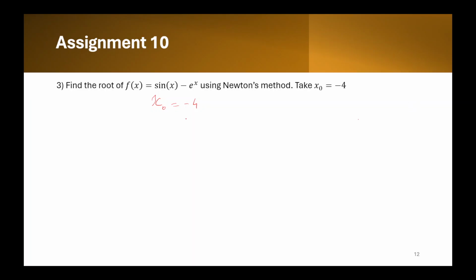So x naught is minus 4. We know what our x1 will be: x naught minus f(x naught) upon f dash(x naught). What is f dash of x? Here f(x) is sin x minus e to the power x, so f dash x will be cos x minus e to the power x.